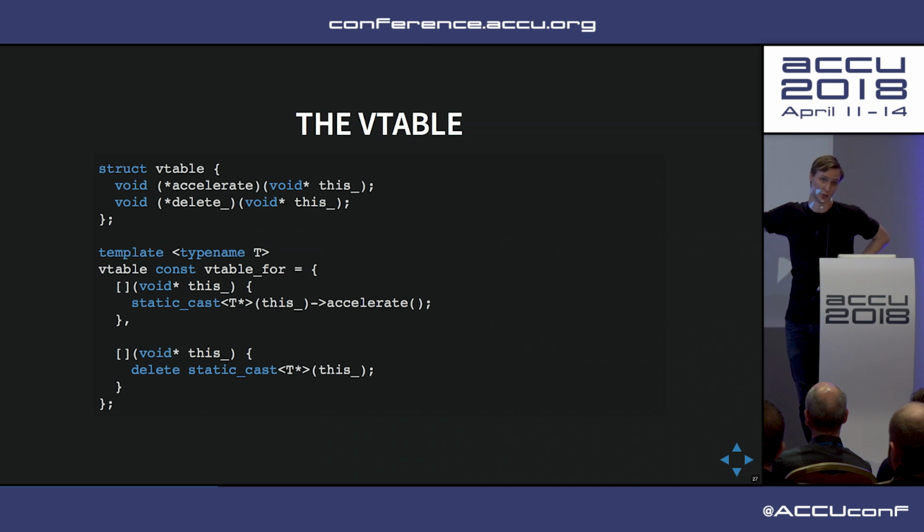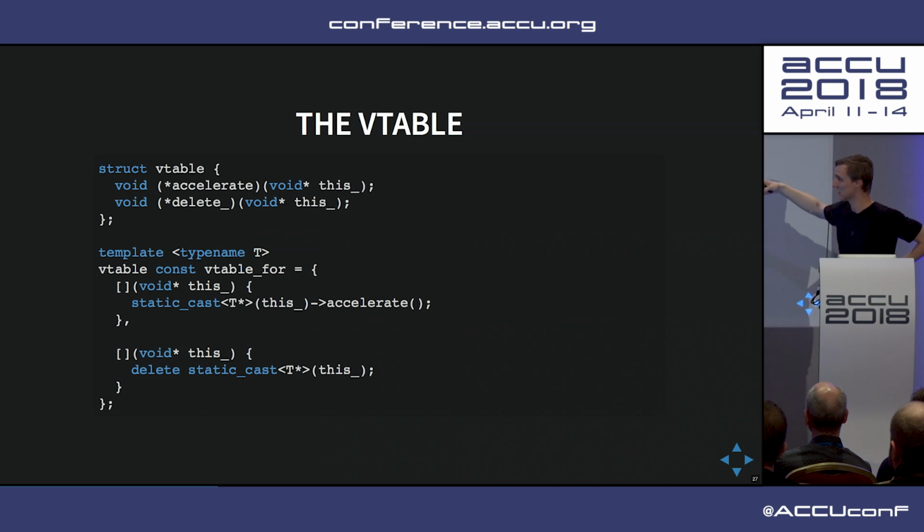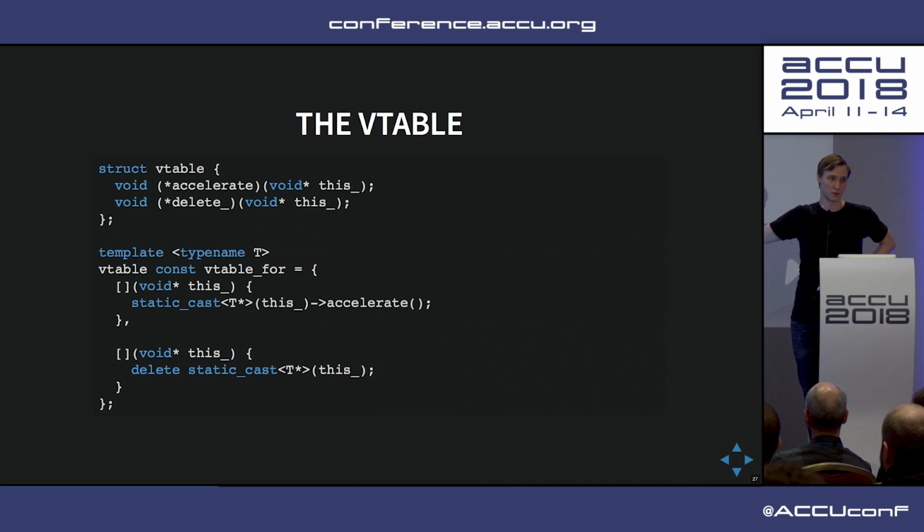Okay, so the Vtable is just a struct, really. It's just a struct with function pointers. And then you can initialize it by saying, if I have a concrete type T, a Vtable for T contains the following functions. And here I'm using lambdas, because lambdas will nicely get converted to function pointers when they're stateless.